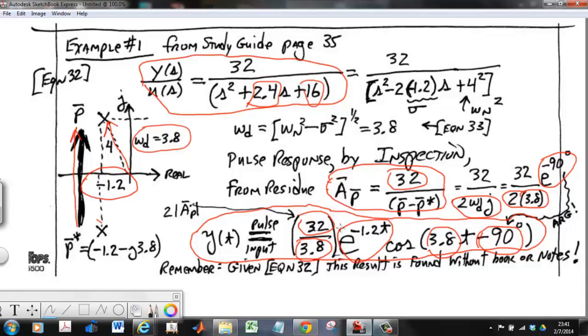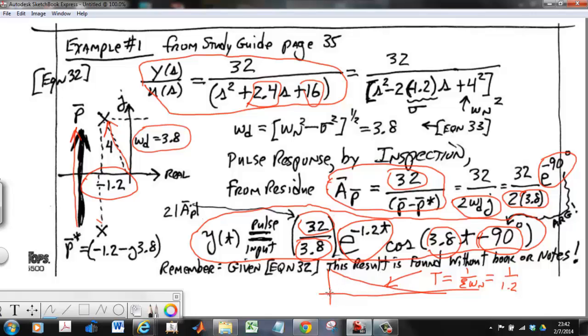And then the sigma is going to give me the envelope of the time response. So in time, a pulse input will give me an envelope, and that envelope looks like a first order decaying time response. The envelope will have a time constant of 1 over zeta omega n, which is going to be 1 over 1.2, and that's going to be how fast the envelope decays.